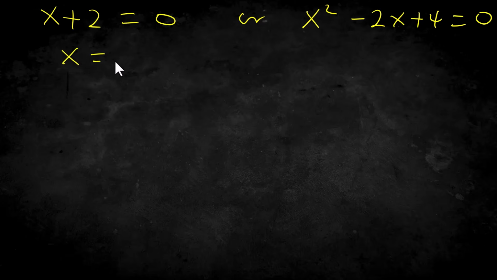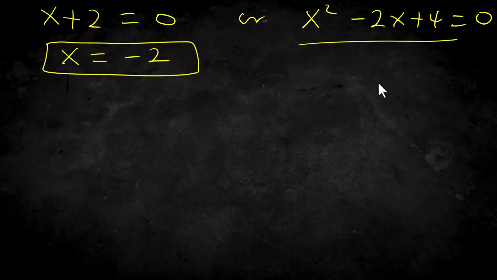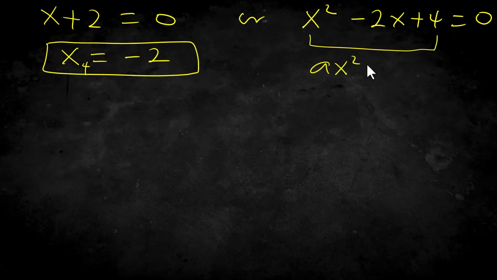So x equals minus 2. And this side is x squared minus 2x plus 4. So let's look for the solution. Remember, we already have the first three solutions, so the fourth solution is minus 2. Let's look for the other solutions. Let's compare with ax squared plus bx plus c: a is 1, b is minus 2, c is 4.